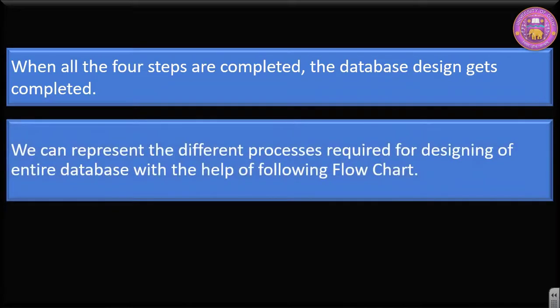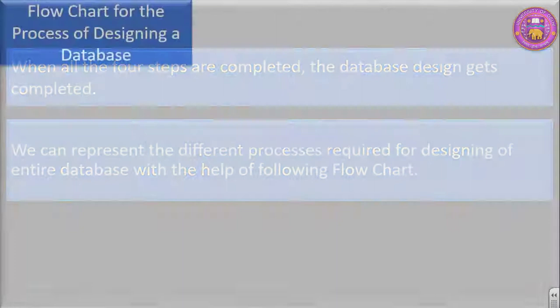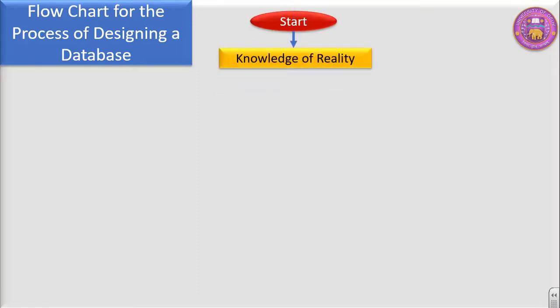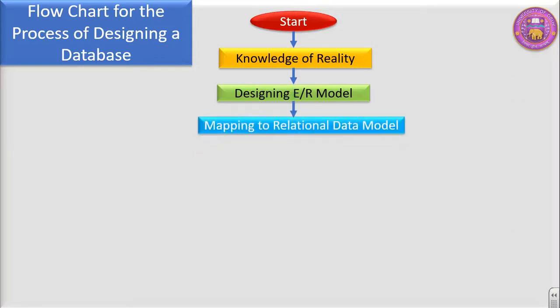We can represent the different processes required for designing of the entire database with the help of the following flowchart. The flowchart for the process of designing a database. Start. Knowledge of reality. Designing ER model. Mapping relational data model.